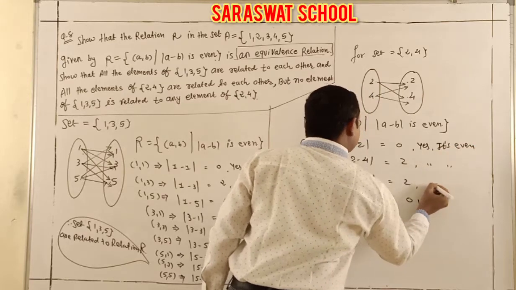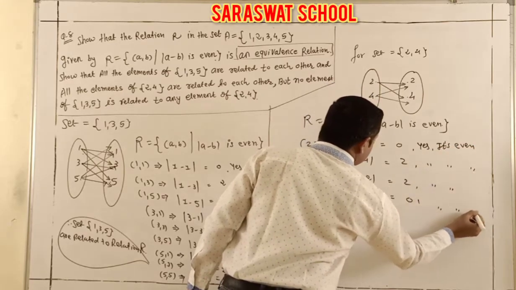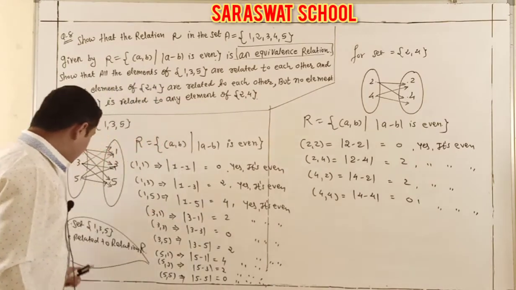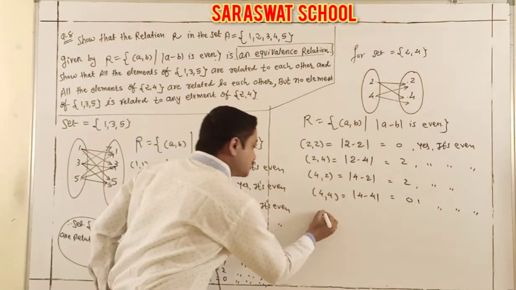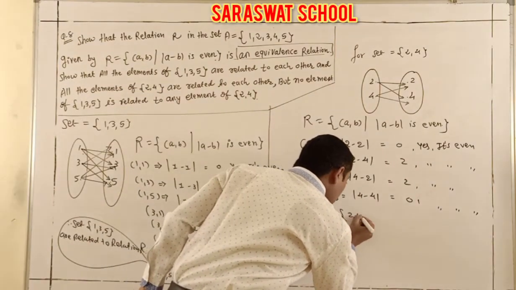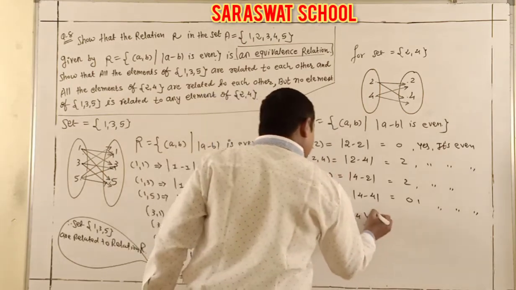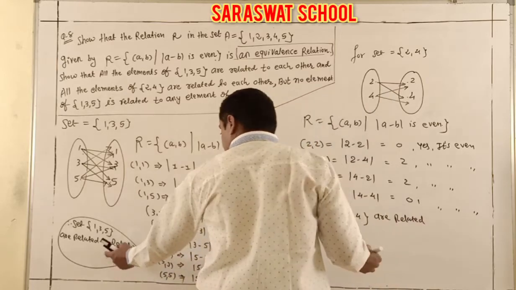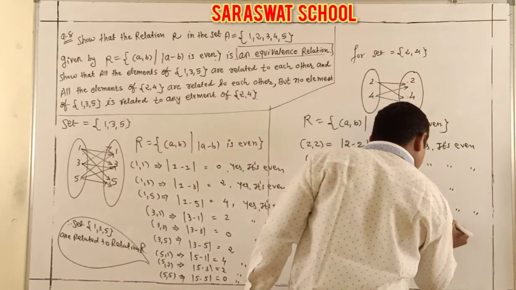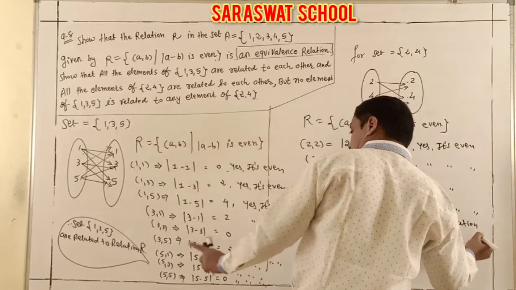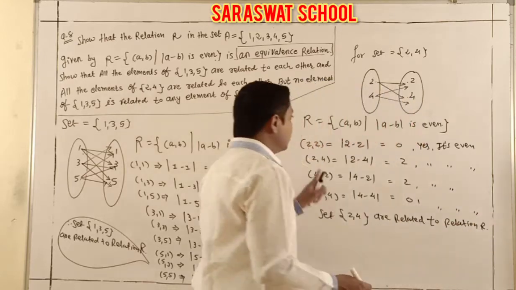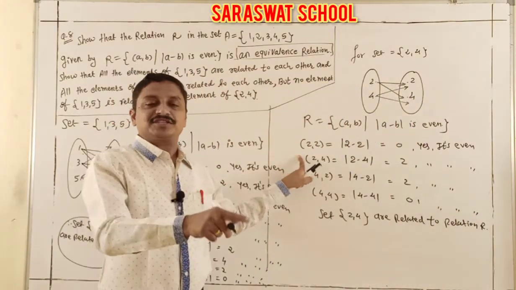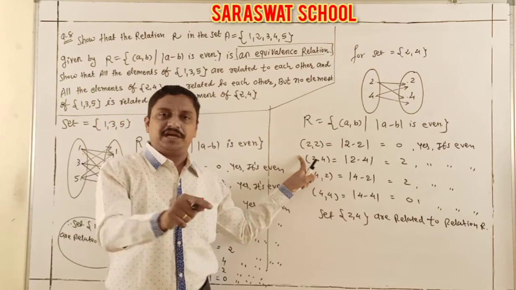Same write down. It is finally this statement I write down again. So the set of elements 2, 4 are related. Same explanation for our relation R. It means here also you check reflexive, transitivity, symmetry.